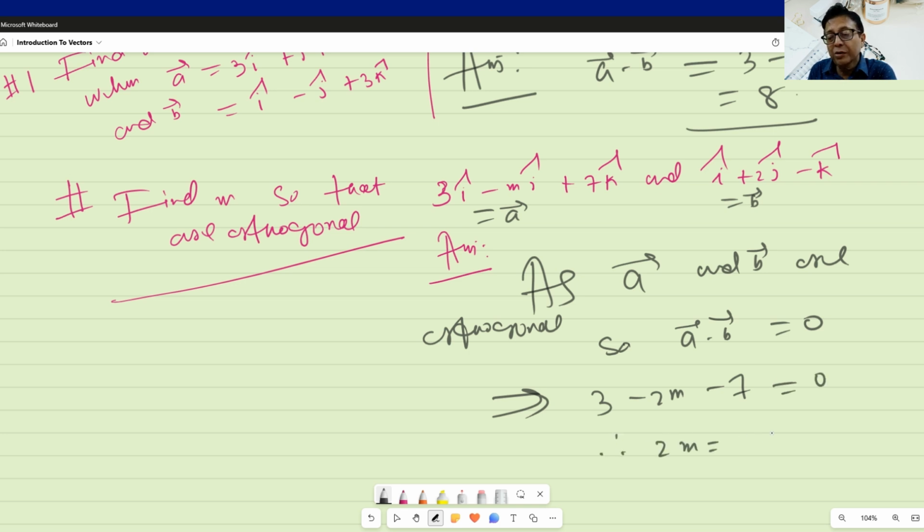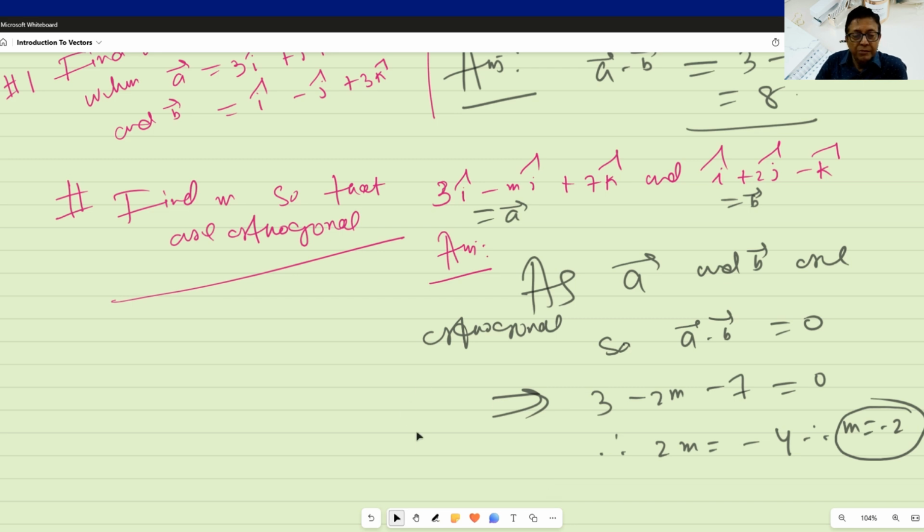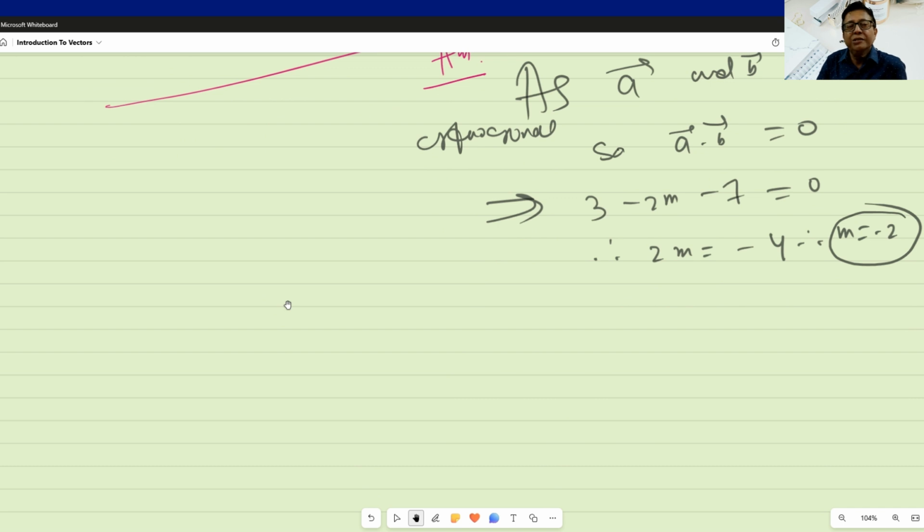So 2m equal to minus 4, m equal to minus 2. Clear? Understood? We'll write some important properties of the dot product.